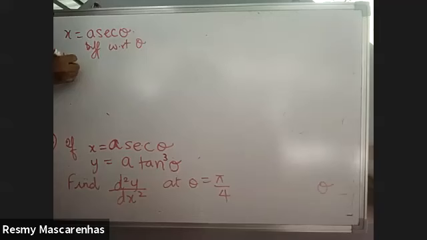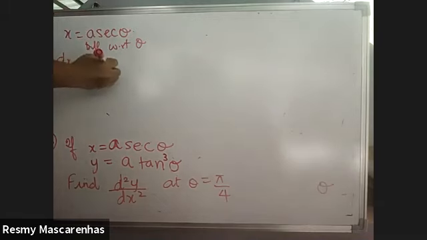dy by dx is equal to 3 sin theta. So we are differentiating. Now this will be with respect to theta. So dx upon d theta will be, a is anyways coefficient.